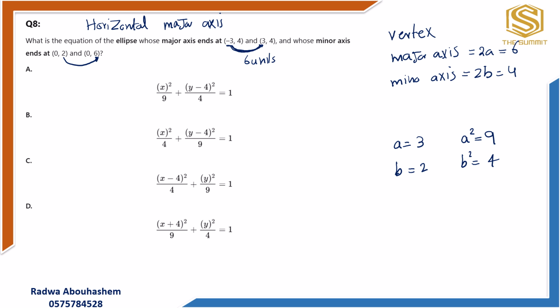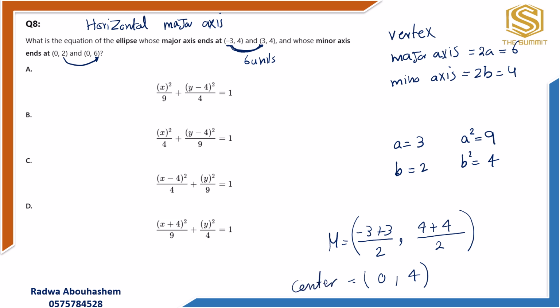So it would be midpoint: (-3 plus 3) over 2 and (4 plus 4) over 2. 0 over 2 gives me 0 and 8 over 2 gives me 4. So here's the center. Now, this is h and this is k.